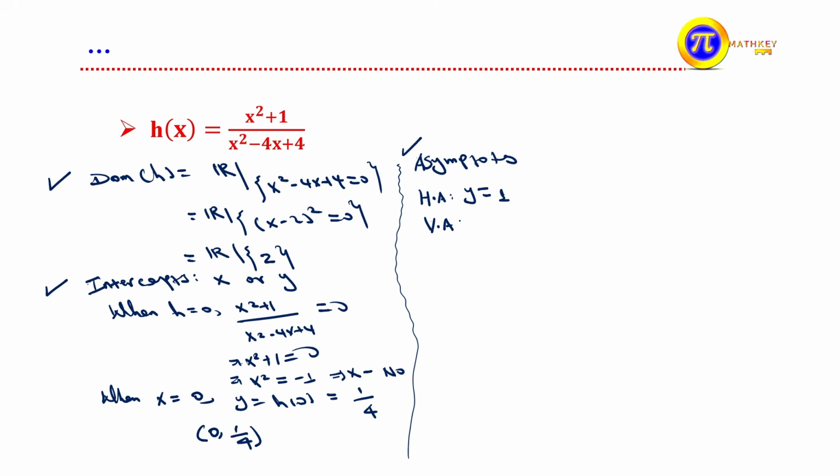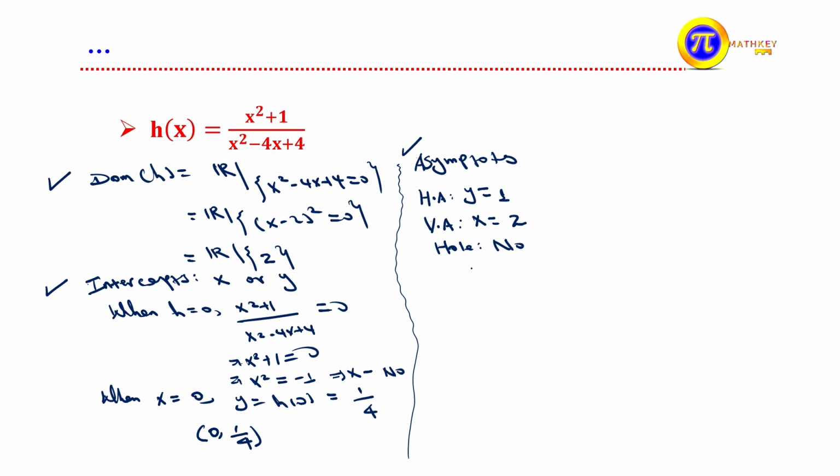The vertical asymptote is at the zeros of the denominator, since they have no common factor. What is that? x is equal to 2. Is there any hole? We don't have any hole.